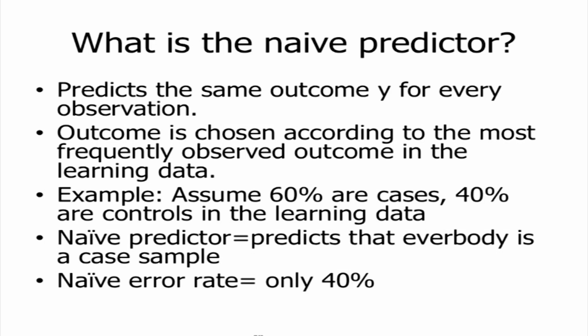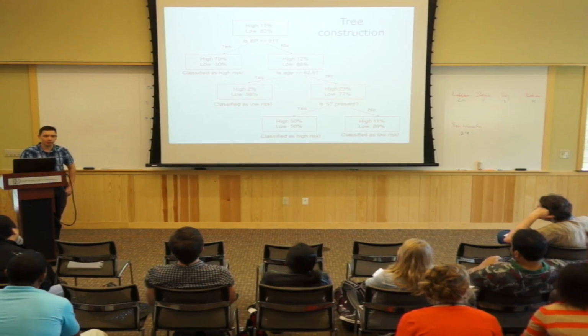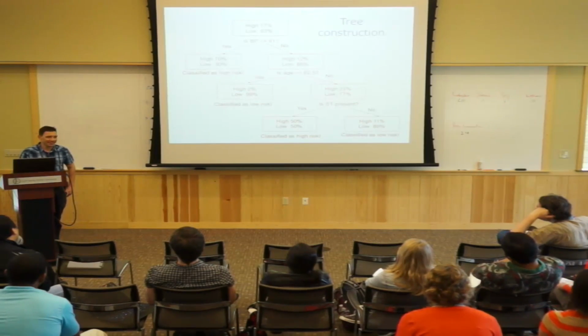Everyone is low risk. And this naive predictor would have an error rate. Do you remember? Let's look at the plot that we had. If you call everyone a low-risk subject, then your error rate is actually only 17%, which seems really low, just 17%.